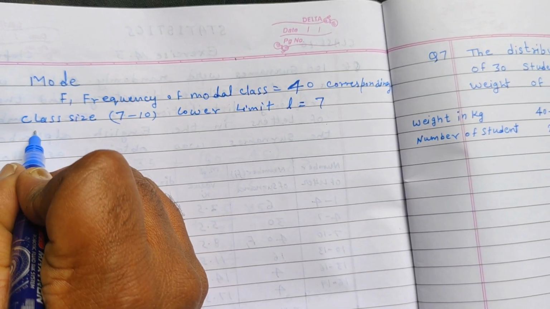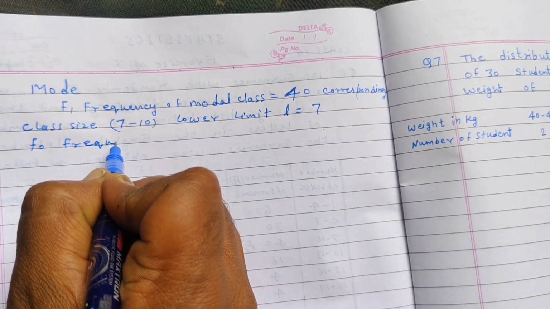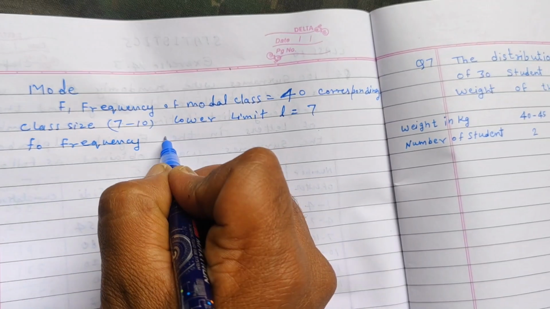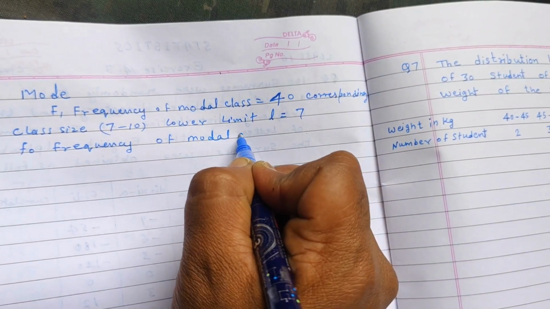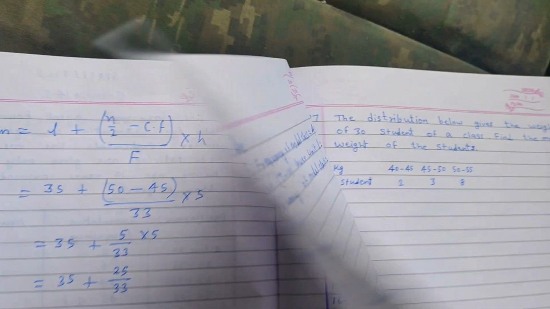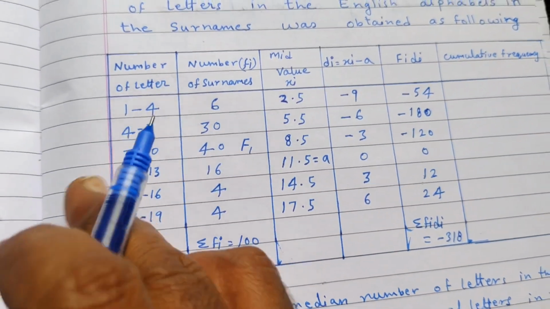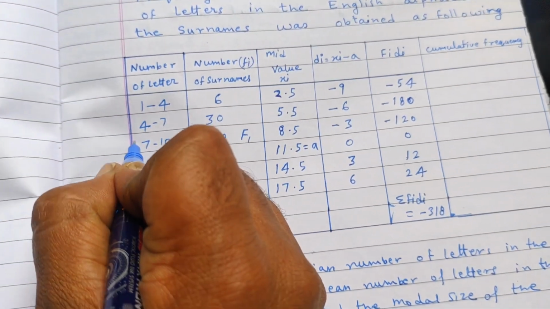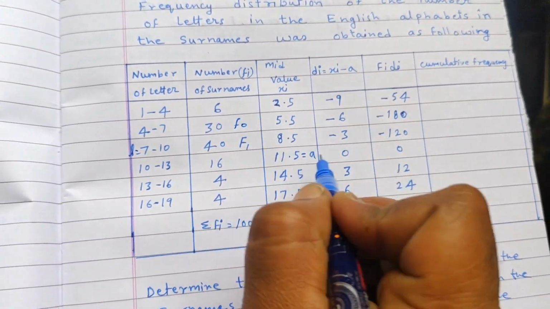Then f naught, the frequency of the modal class, is equal to, see here, 30.